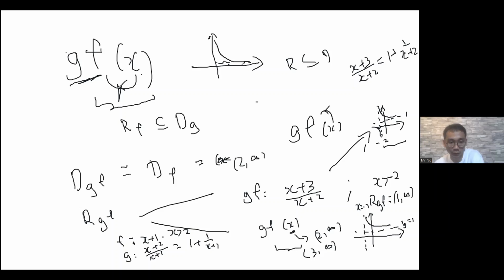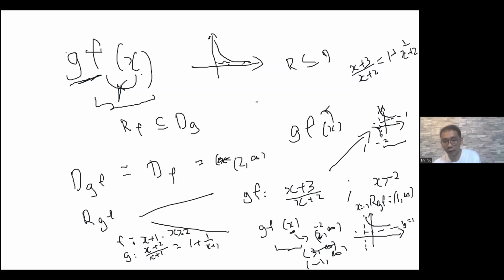So when x is more than negative 2, initially it is between negative 2 to infinity. After that, because this set of values you put inside x plus 1 changes to negative 1 to infinity.